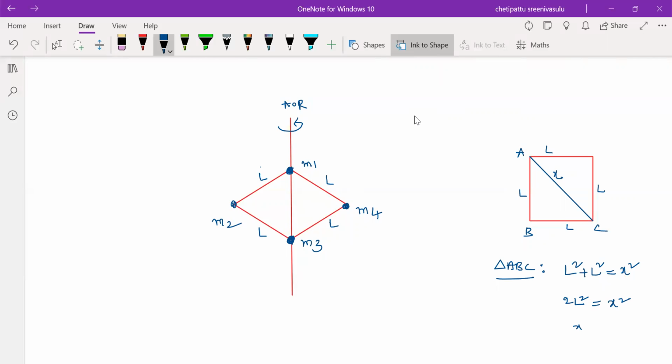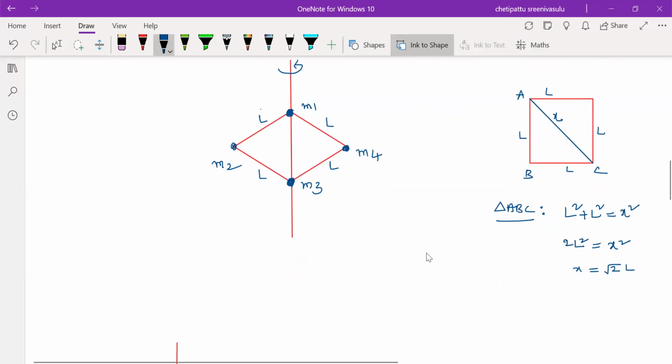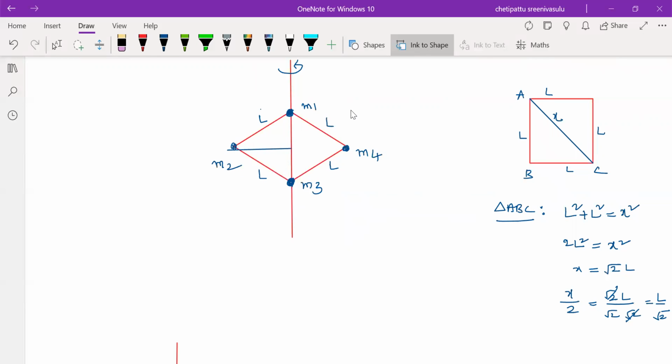Now x value will be root 2 L. But I want x by 2, half of the length. X by 2 means root 2 L by root 2 into root 2. One root 2 gets cancelled. L by root 2, half of it here. So what I can say here, this distance is L by root 2.